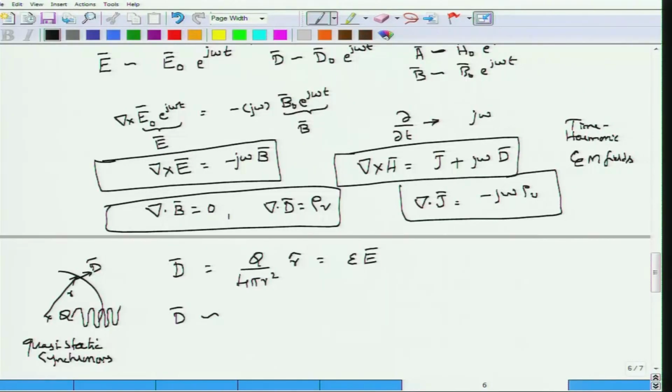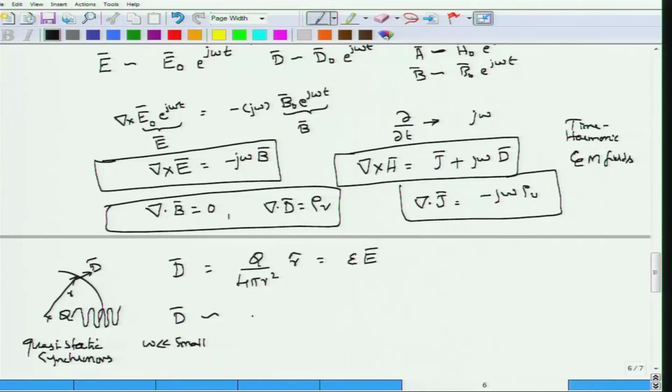Assume that the frequency omega is very small. In that case, the quantity of the charge increases slightly, because it is getting multiplied by q sin omega t, and when it increases slightly, the D field would also increase slightly, but in phase with the charge variation. So, we are neglecting all the other propagation effects for now.